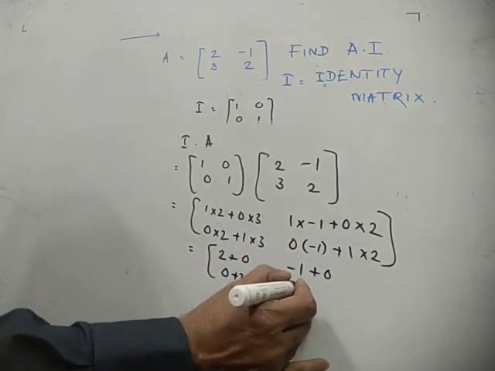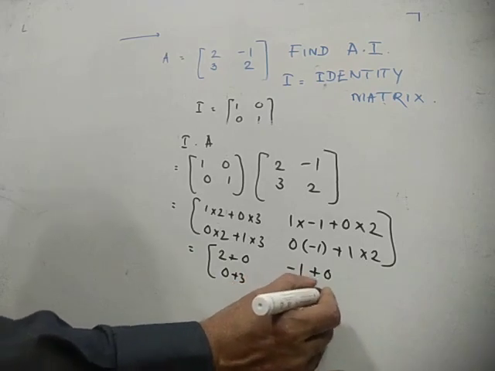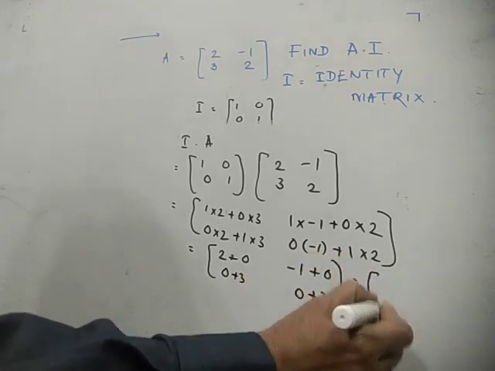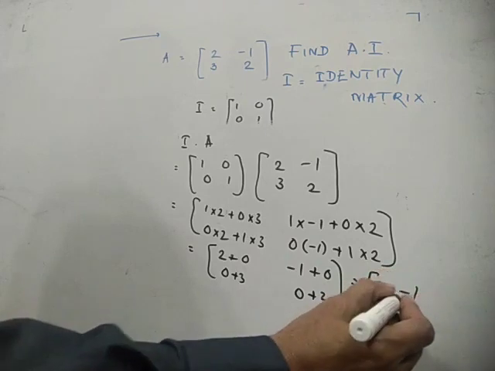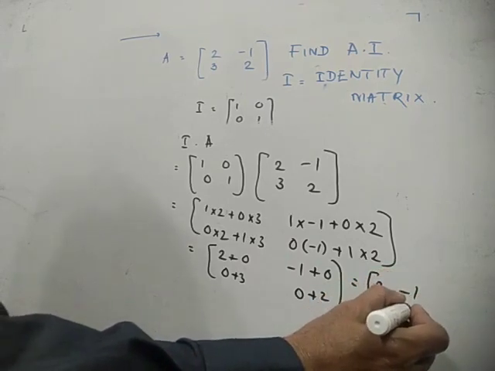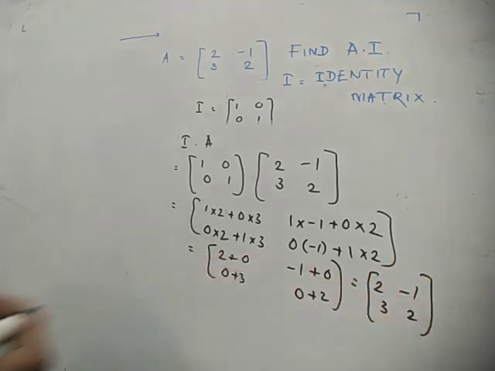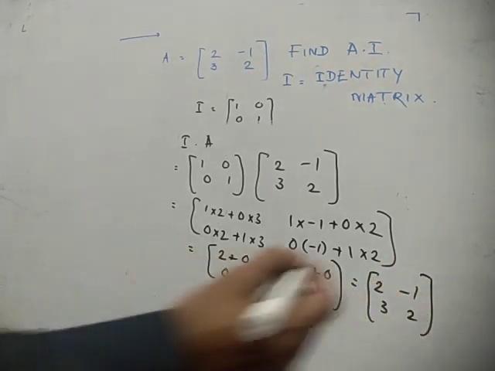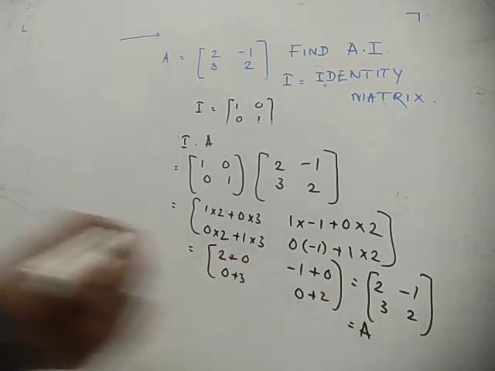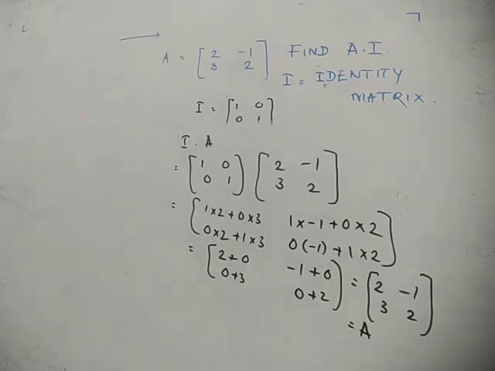Second row, second column, 0 into minus 1 plus 1 into 2. It comes to 2 minus 1, 3 2, which is equal to A. That means if we multiply I and A, then also it comes to A. With the unitary matrix, if we multiply any matrix, it will remain the same.